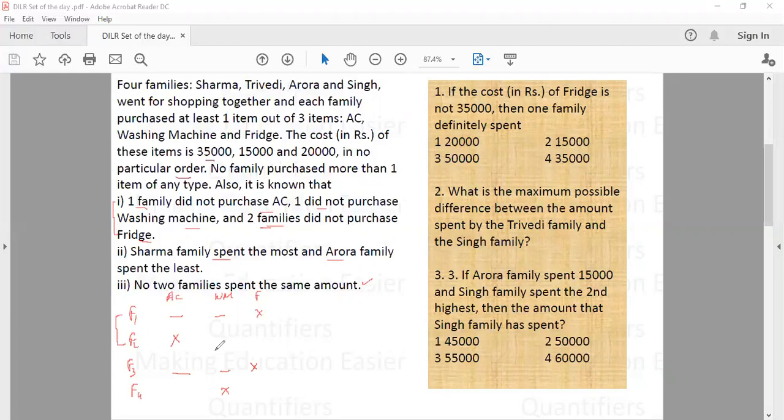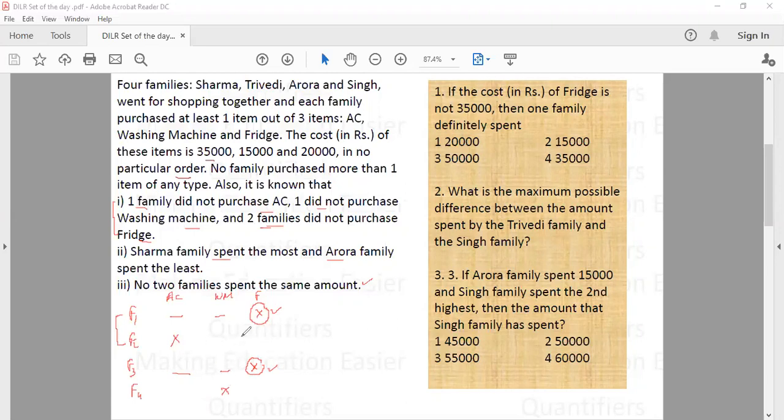So it simply means that it cannot happen that all the 4 families are each not purchasing something. That cannot happen. So one of the families which did not purchase fridge must have not purchased either AC or washing machine also.